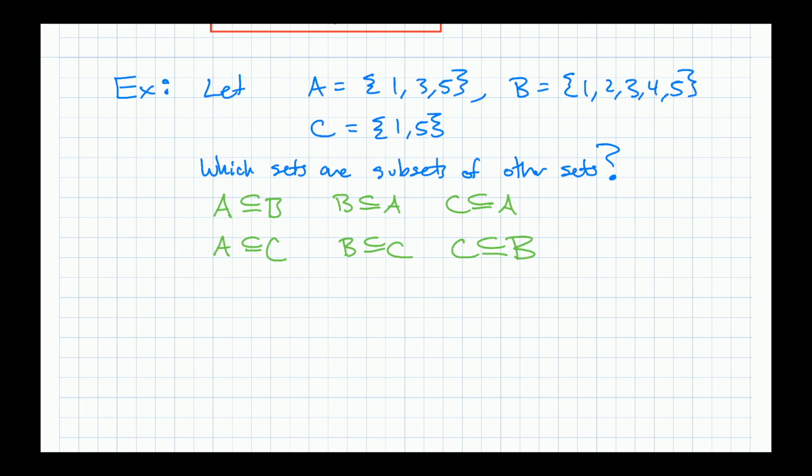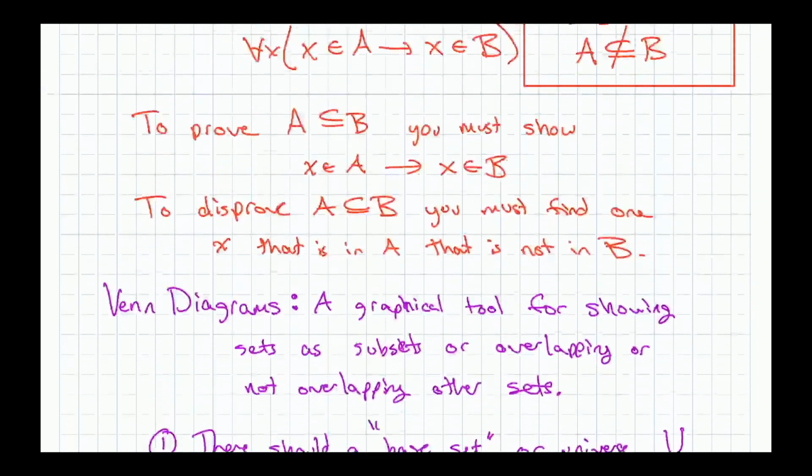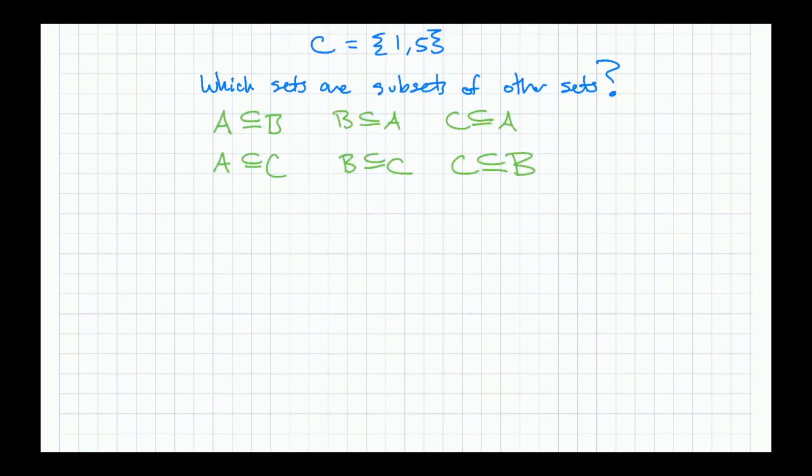Those are all the possibilities, but then which ones are true? And remember that when you write subsets like this, the big set is on the right. So when you say A is a subset of B, the little set is on the left and the big set containing it is on the right.